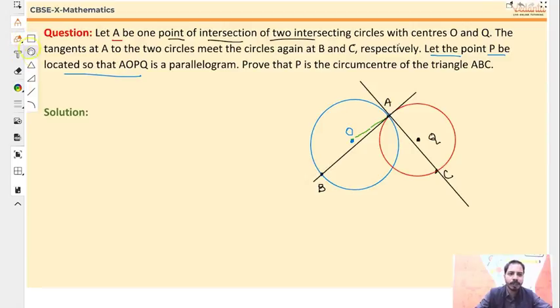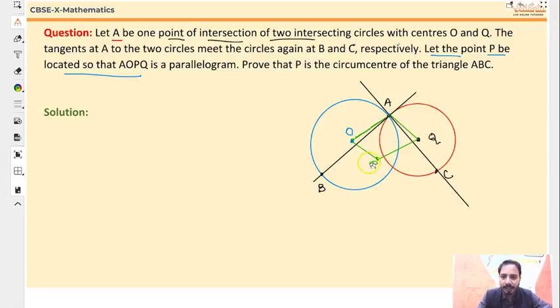So let me join this, and this. Now they want a point P such that this forms a parallelogram, right? So I will join it in this way, and this is point P, and now this is a parallelogram.